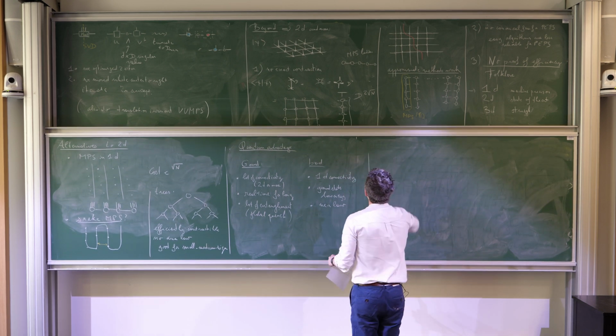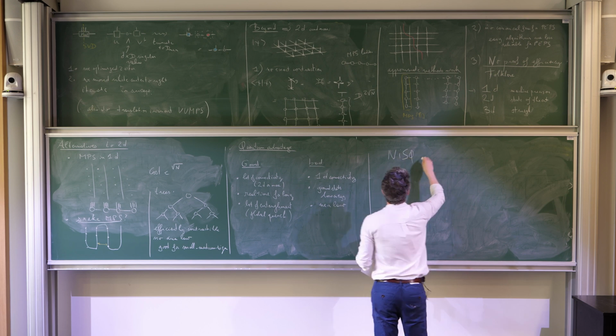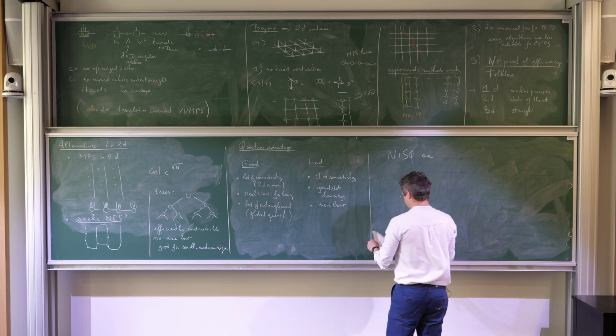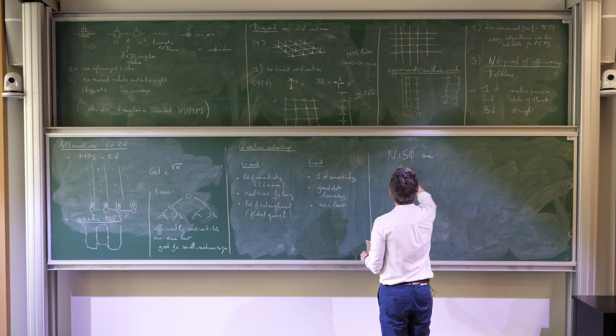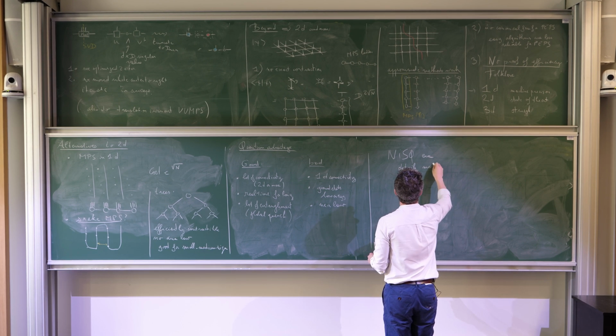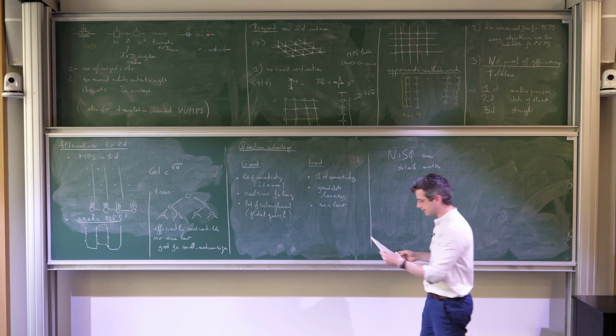And so what that gives you is that, I think, in the NISQ era, if you want to compare tensor networks and quantum computers, really details matter. You cannot just be asymptotic, because everything is going to be finite.